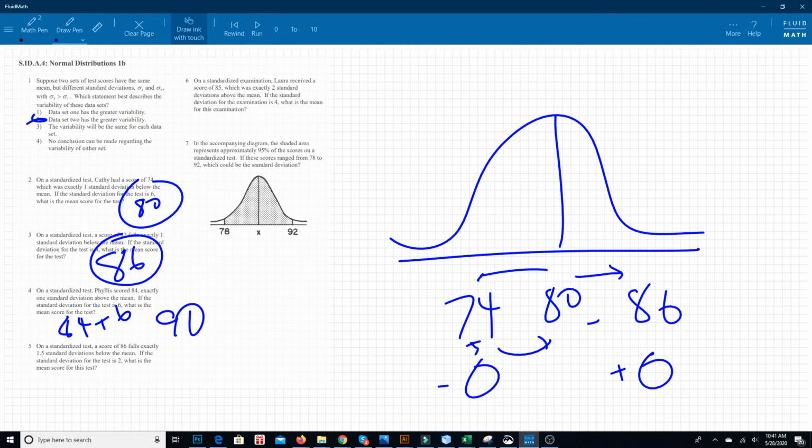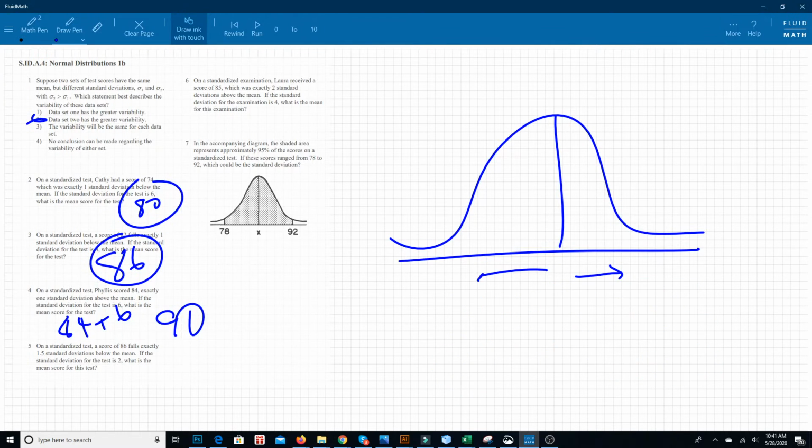So the person scored an 86, falls exactly below. Okay, so this is standard deviation 1, this is 2 standard deviations, 2 sigma, that's what I'm drawing, 2 sigmas right here.